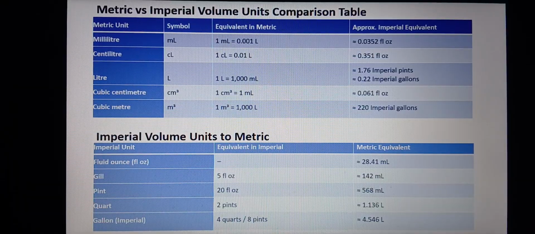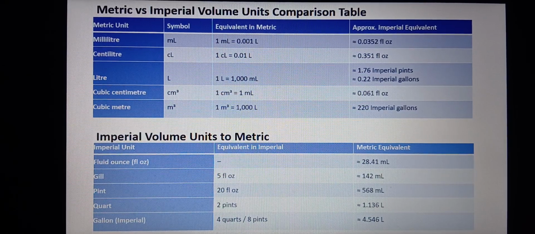And the equivalent in metric would be 1 milliliter is equal to 0.001 liter, and so on for the rest. The approximate imperial equivalent is shown on the very right hand side.